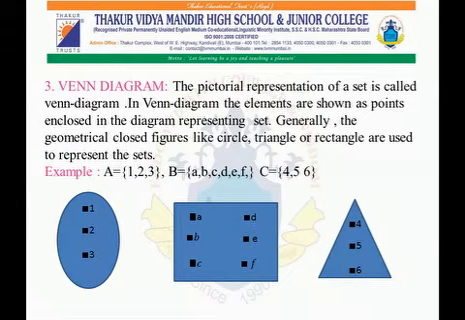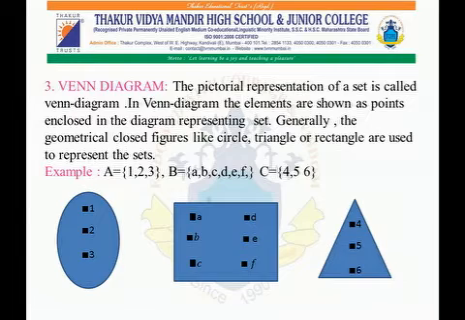Then the third representation is by Venn diagram. The pictorial representation of a set is called a Venn diagram. In a Venn diagram, the elements are shown as points enclosed in the diagram representing the set.